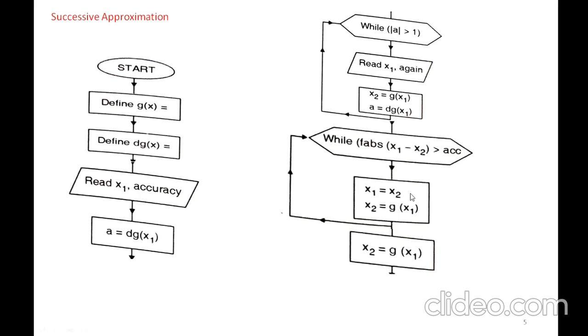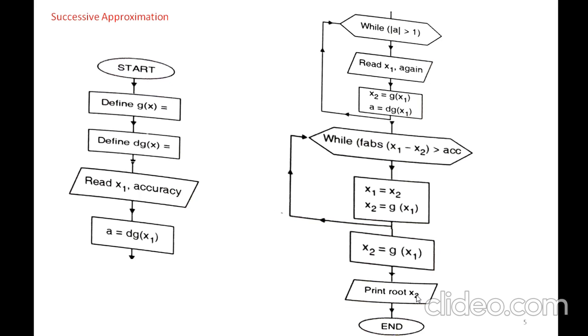We repeat this loop until the value of x1 minus x2 is less than accuracy. Once it is achieved, this loop stops executing. Then our final answer will be x2 is equal to g of x1, and we print the root as x2.